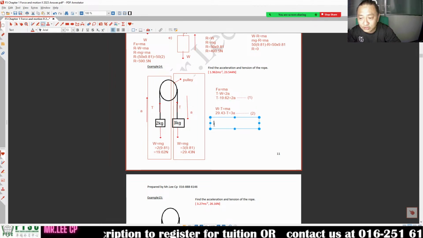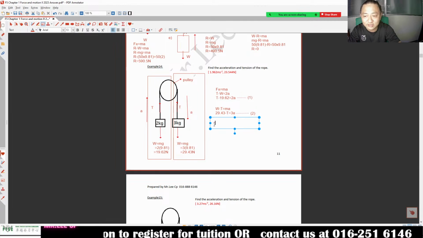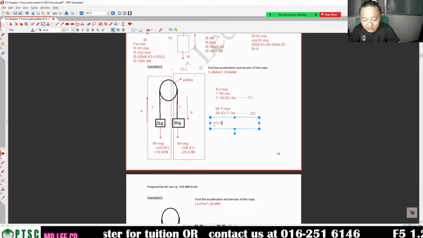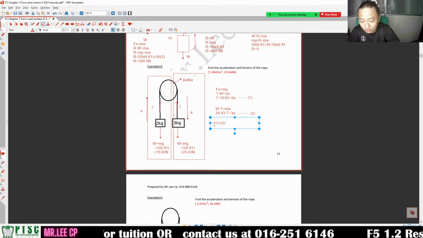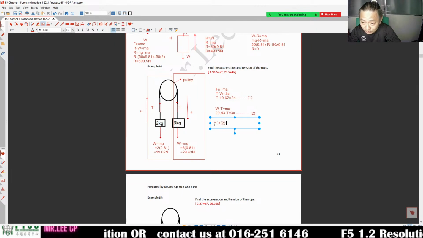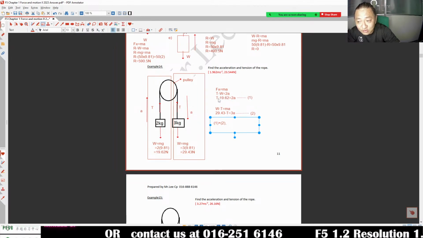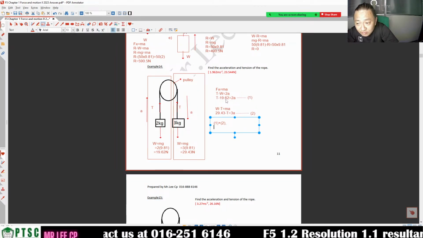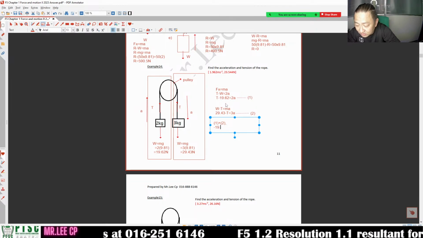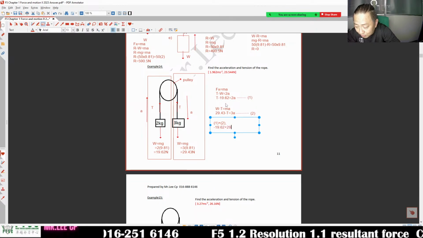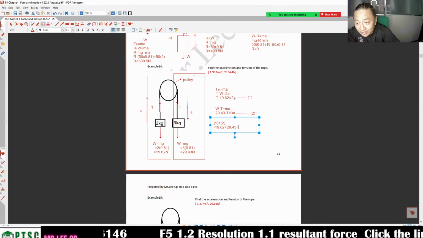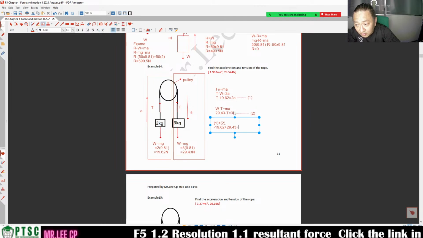Meaning that the first equation, you always add the second equation. The left-hand side is T plus negative T, no more. On the right-hand side, negative 19.62 plus 29.43 equals 2A plus 3A.